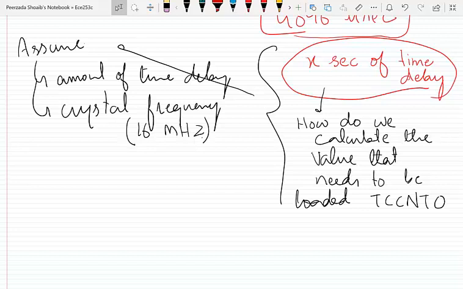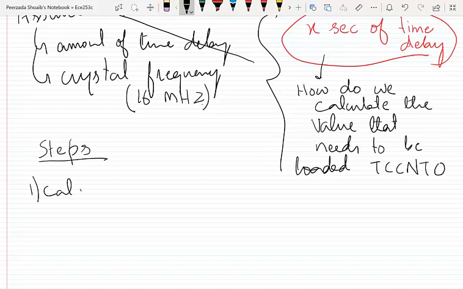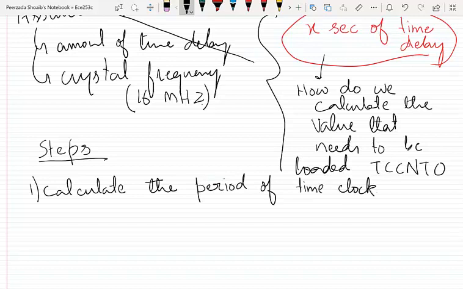So how do we calculate the value that needs to be loaded in the timer counter register? What are the steps? The first step is to calculate the timer clock period, the time period of the timer clock. How do we do that?